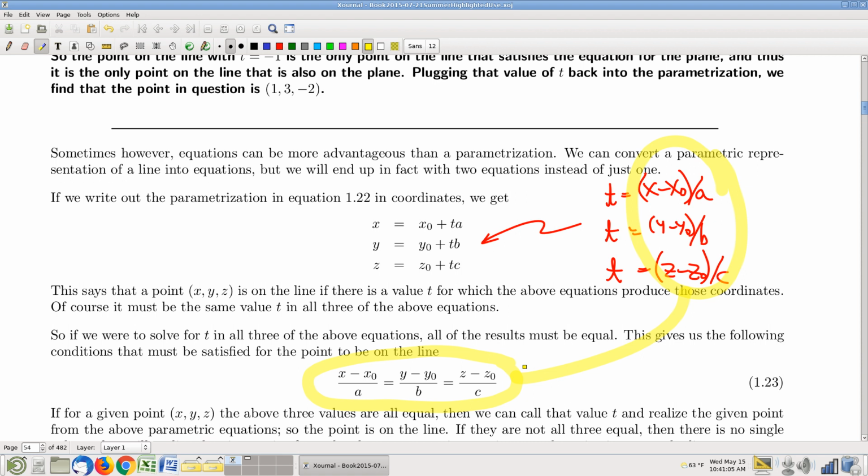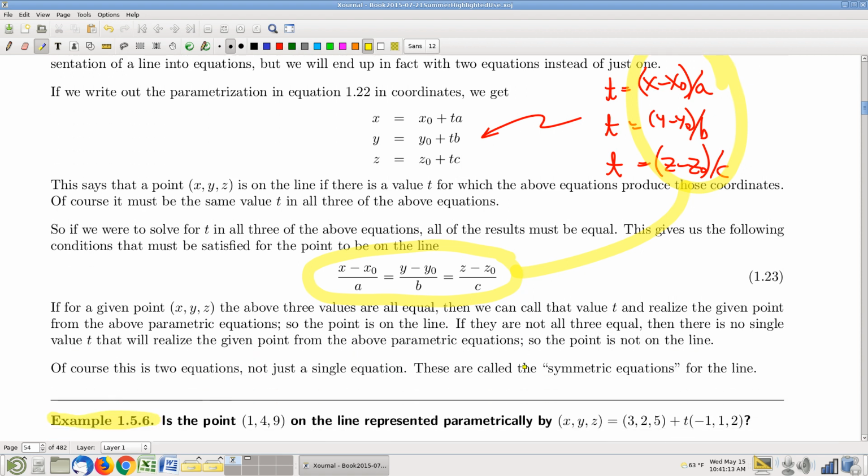And therefore it is on the line. So there you go. This is, by the way, what we call the symmetric equations for the line.